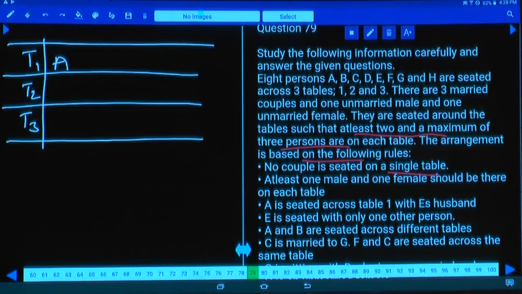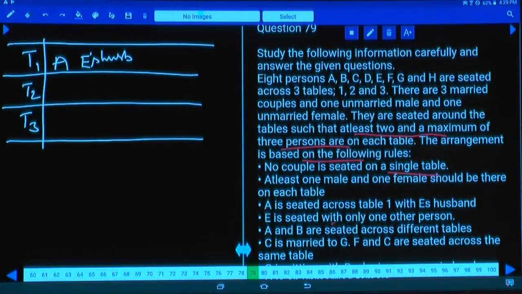Another person must be his husband; whoever the husband is, that person must be here. What is the gender of this E? E is female, because E has a husband. As E has a husband, E is a female. E is female and E's husband is on table 1.